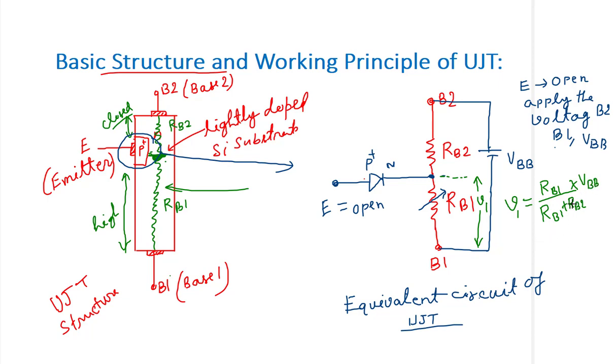This is the voltage divider rule. So V1 equals eta VBB, where eta equals RB1 by RB1 plus RB2.